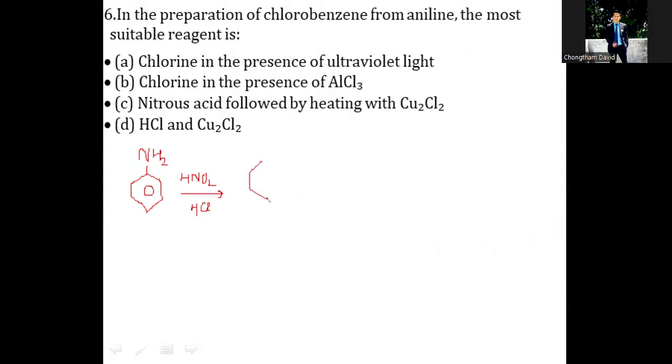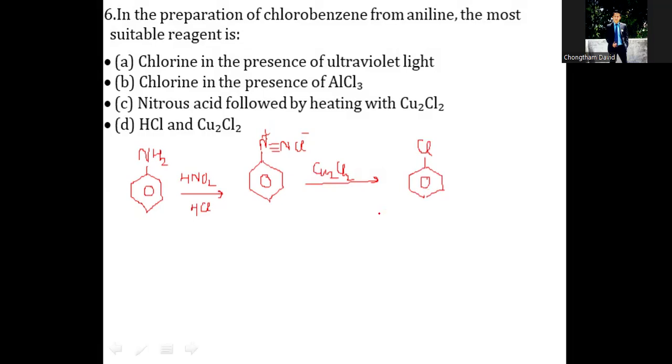This reaction is called diazotization because you are forming a diazonium salt, benzene diazonium chloride. Now, the Sandmeyer reaction will take place if you treat with copper chloride, and it will form chlorobenzene. This is done in the preparation part of haloarenes.